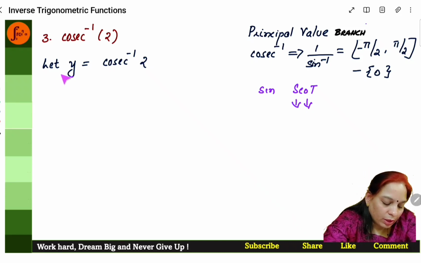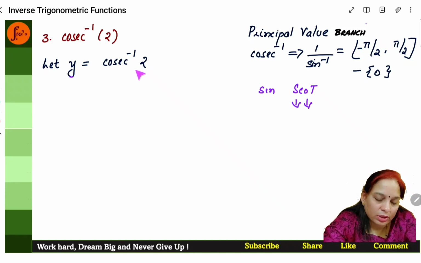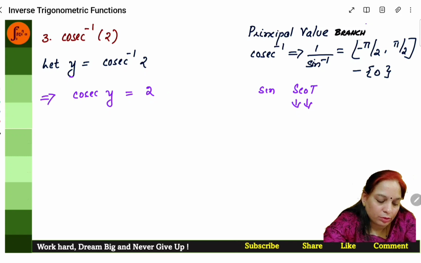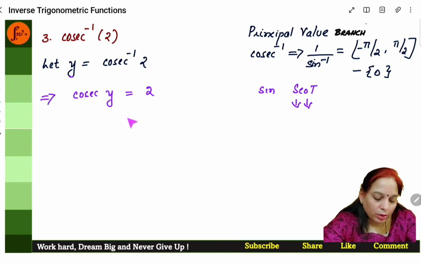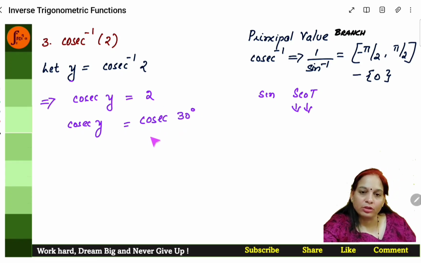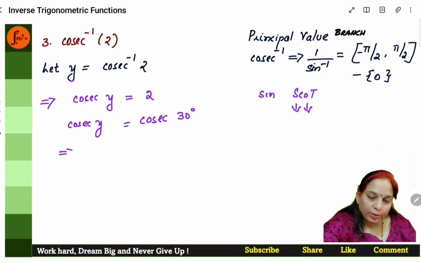So now we'll put y is equal to cosec inverse of 2, which means that cosec of y is equal to 2. Now in the trigonometric chart, cosec of 30 degrees is 2. Now this implies that y is equal to 30 degrees or pi by 6.